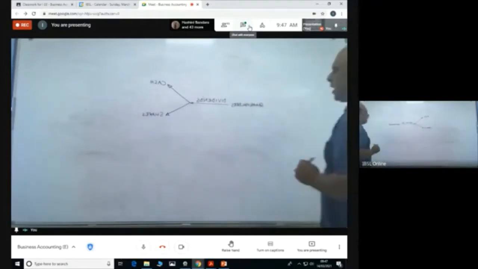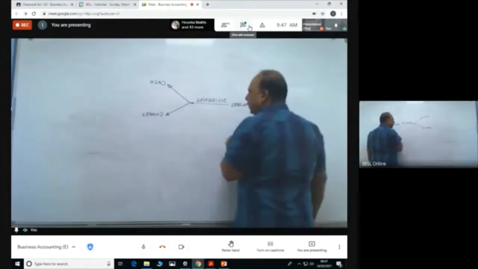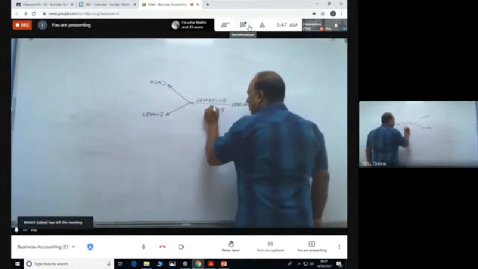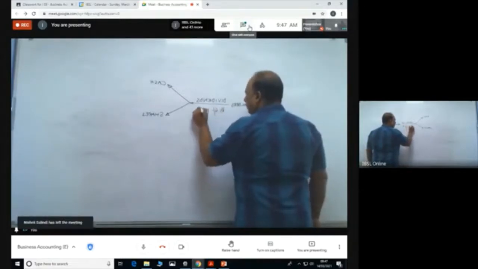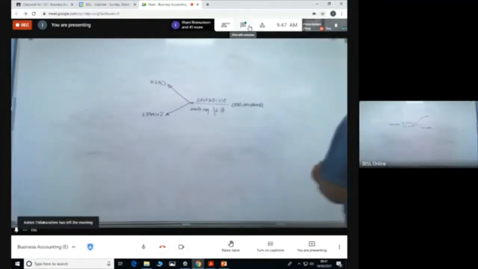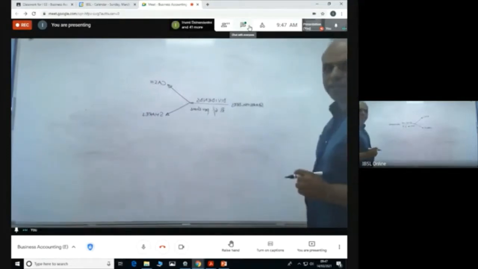Let's say a company is willing to give dividends of 6 rupees per share. So you don't want to give everything in cash.